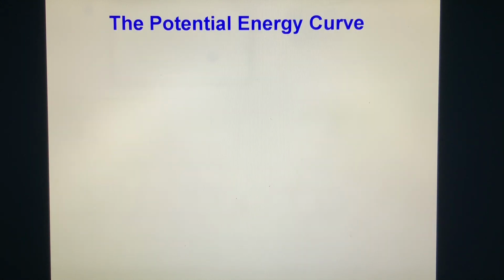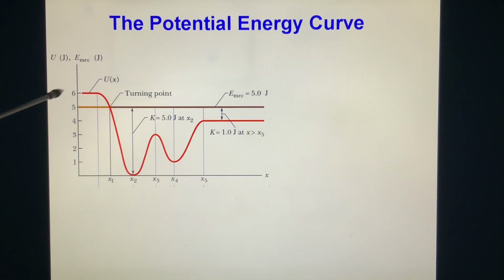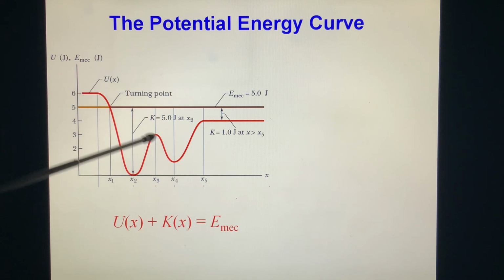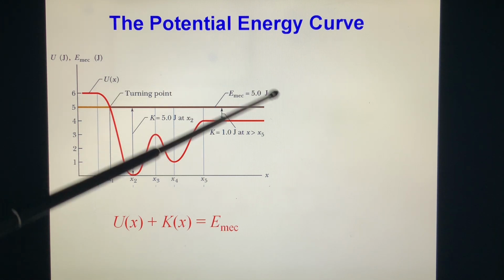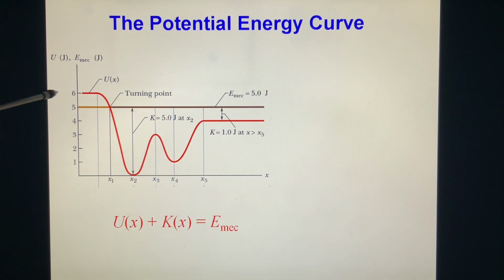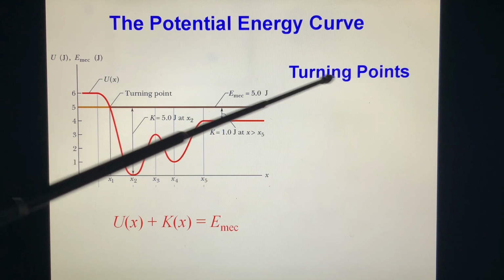The potential energy curve. This red line is the potential energy curve for a particle. This axis is potential energy, and this is the location x. We know mechanical energy is conserved, so potential energy plus kinetic energy equals mechanical energy. In this case, 5.0 J is the mechanical energy. And we have the turning point.